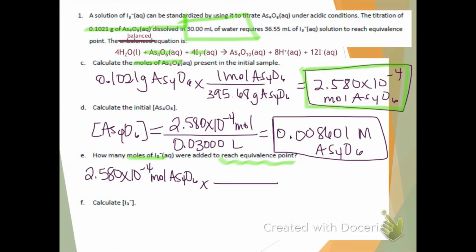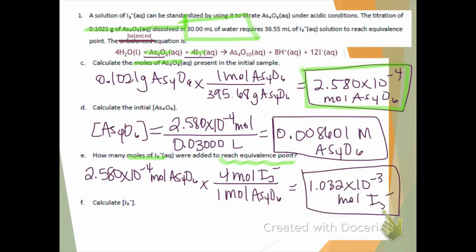Again, we would start with the moles of As4O6 we know that we reacted and use our mole ratio to the I3-. We have a 1 to 4 mole ratio. That shows we need 4 times as many moles I3- as we had As4O6. So 1.032 times 10 to the negative 3rd moles of I3- were added to reach the equivalence point.